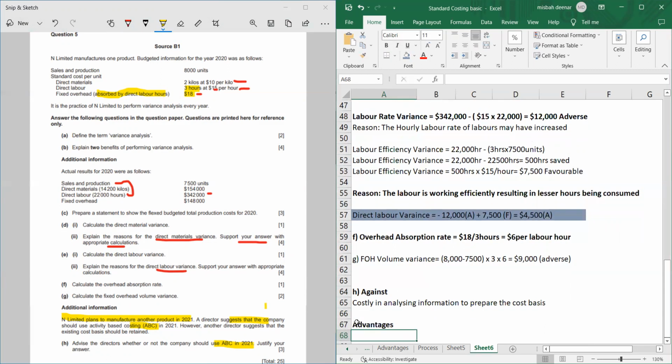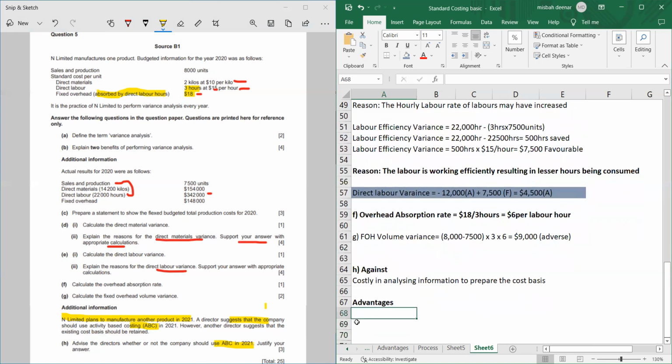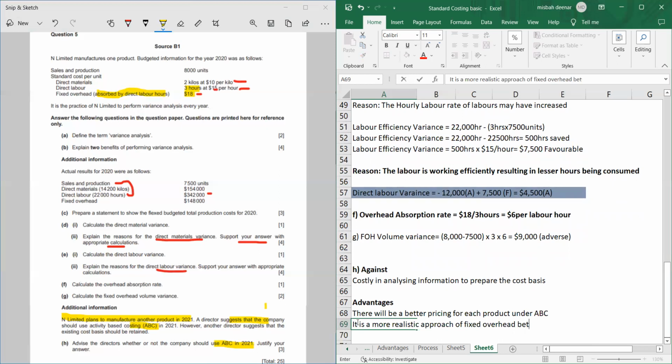And advantages, you can write that there will be a better pricing for each product under ABC, and it is a more realistic approach of absorbing fixed overhead between various products.